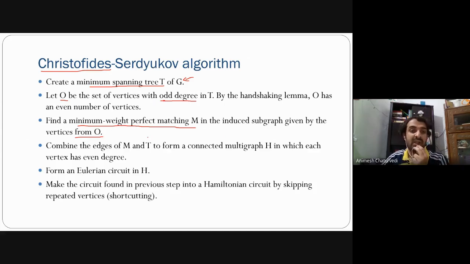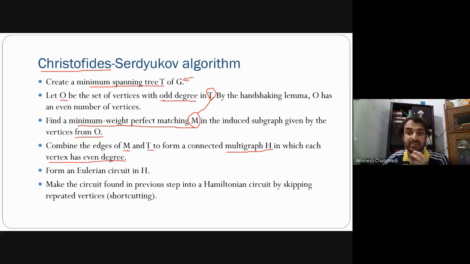Then you combine this M and T. Why do we combine? To get this multigraph H. This M and T form a multigraph H in which each vertex has even degree.